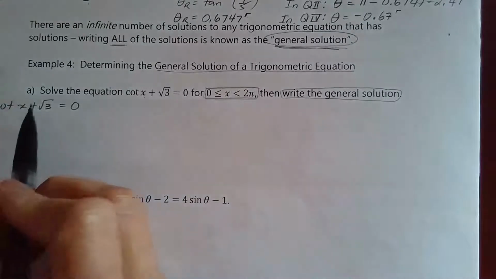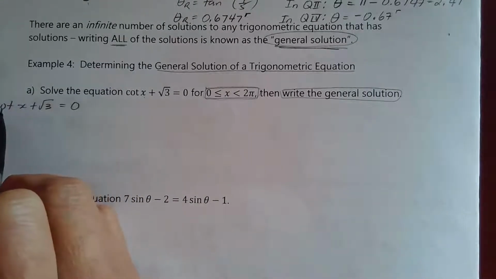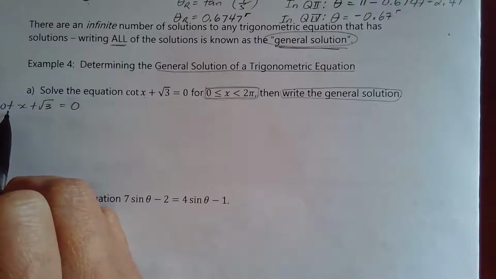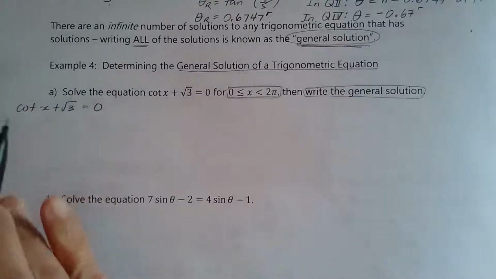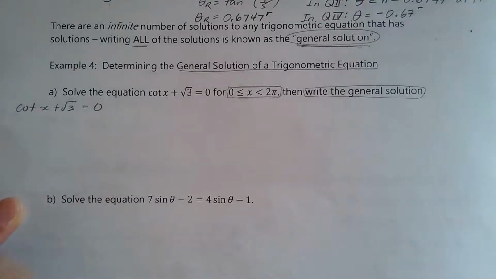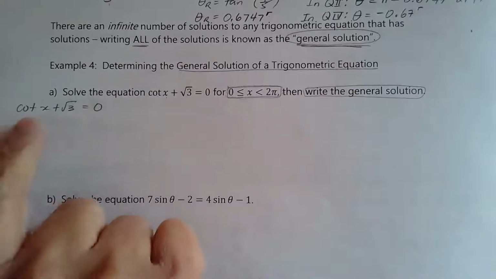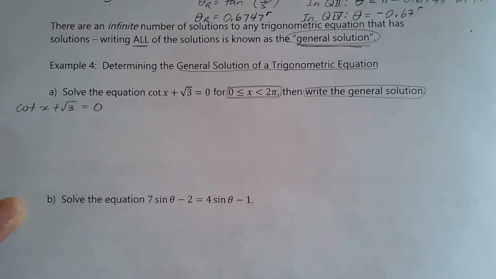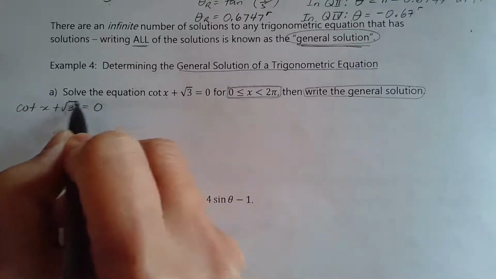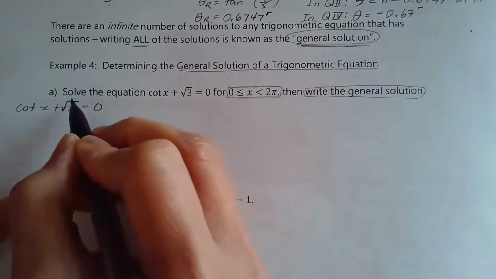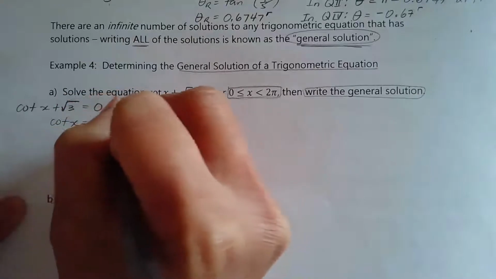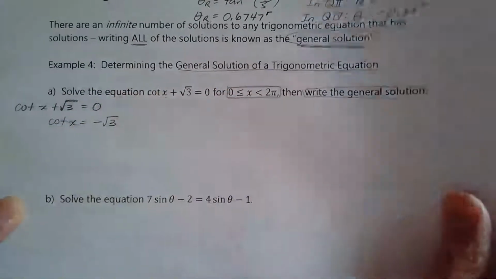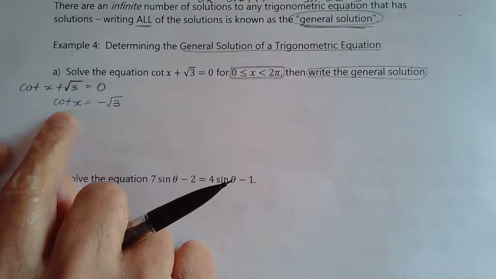Now, again, we're going to isolate x. We don't have a cotangent on our calculator, so we need to look for a different function we could use instead. I'm pretty sure you know what I'm talking about. So bring this over: cotangent of x equals negative root 3.